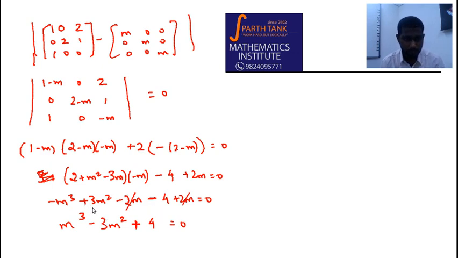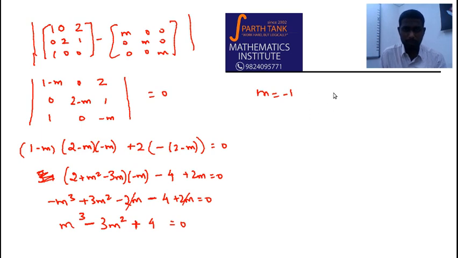Now what will be the roots of this equation? m is equal to 1, no, m is minus 1, yeah. So m is minus 1 is the root of this equation by substitution. Minus 1 minus 3 plus 4 is 0.